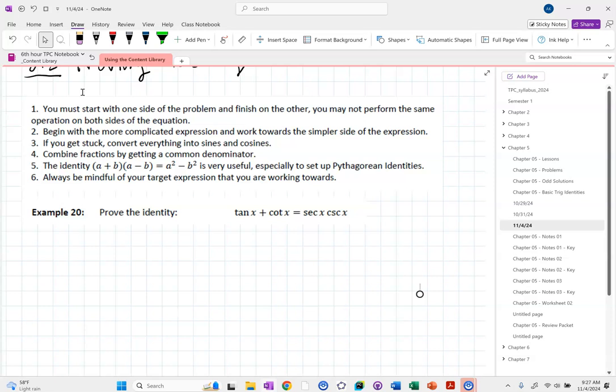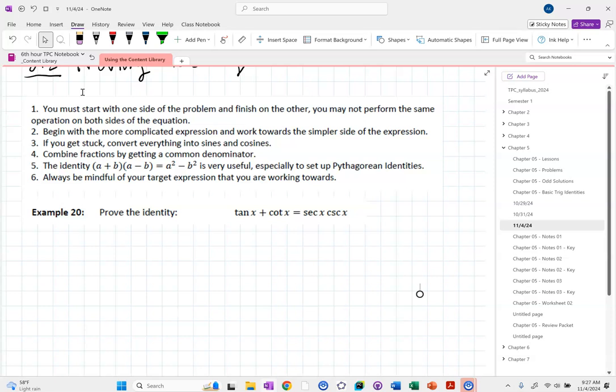So if I look at my identity sheet and I look at tangent and cotangent, I see that using Q1, I can turn those into fractions in terms of cosecants and secants. I like that because my answer, what I'm heading towards, needs to be in terms of cosecants and secants. Can you guys see that?